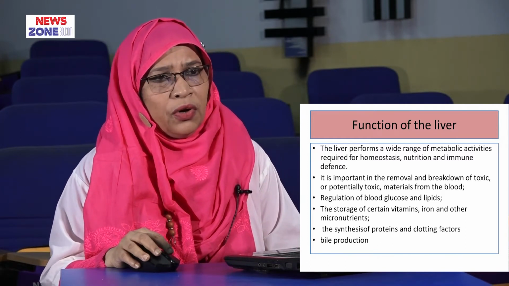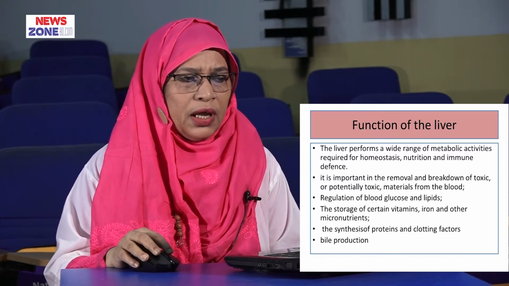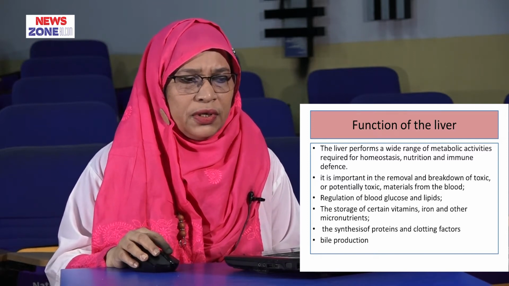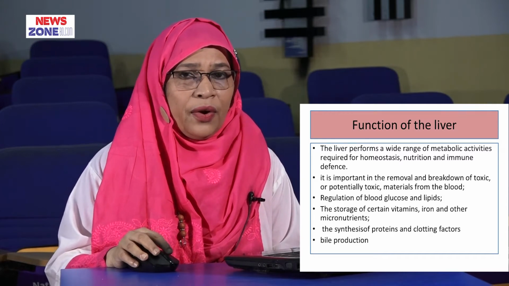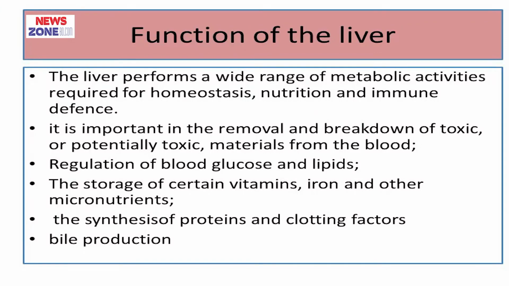The liver also regulates blood sugar and lipids, and stores certain vitamins, iron and other micronutrients. The liver also synthesizes, as we mentioned already, proteins and clotting factors, and the last and most important function is the production of bile.